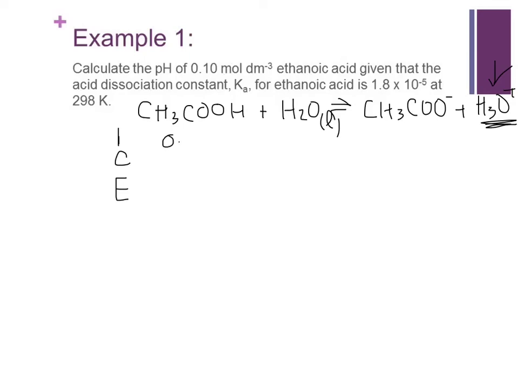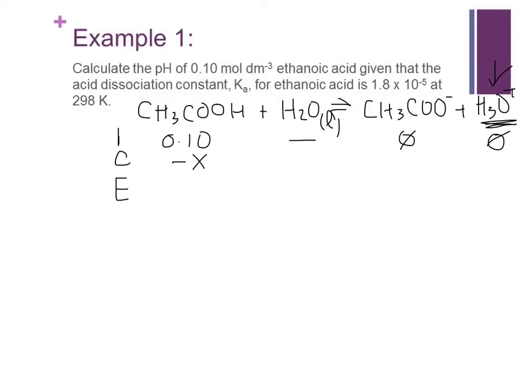Initially, we start with 0.10 mole per decimeter cubed of our ethanoic acid. And we initially start with 0 of our conjugate base and our hydronium ion. Now, the only way for this equilibrium to shift is to the right.